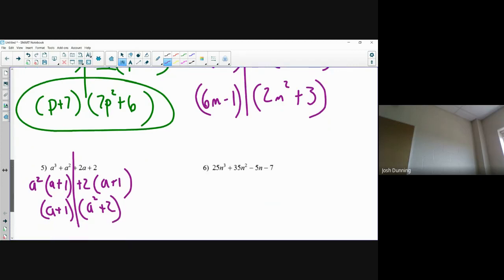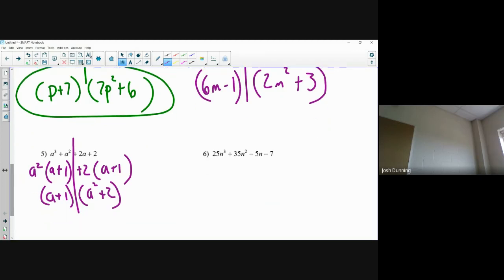Number 6. Hey, it's another one of these weird sign ones. You start them just like always. So we got 5n squared, 5n plus 7. When the signs aren't going to match, and I'll show another quick little thing here after we finish this one.